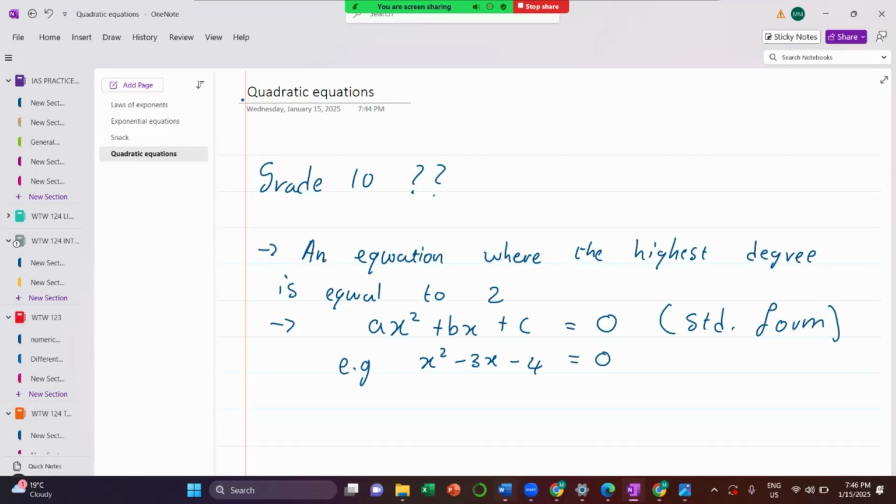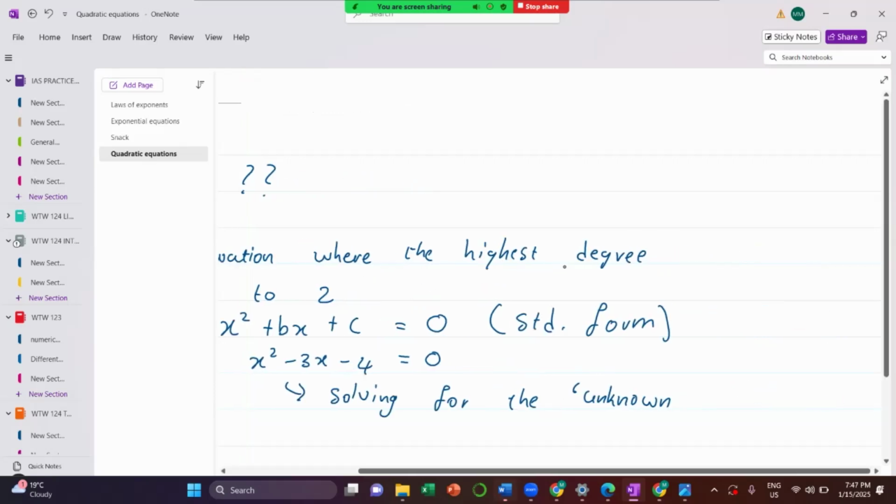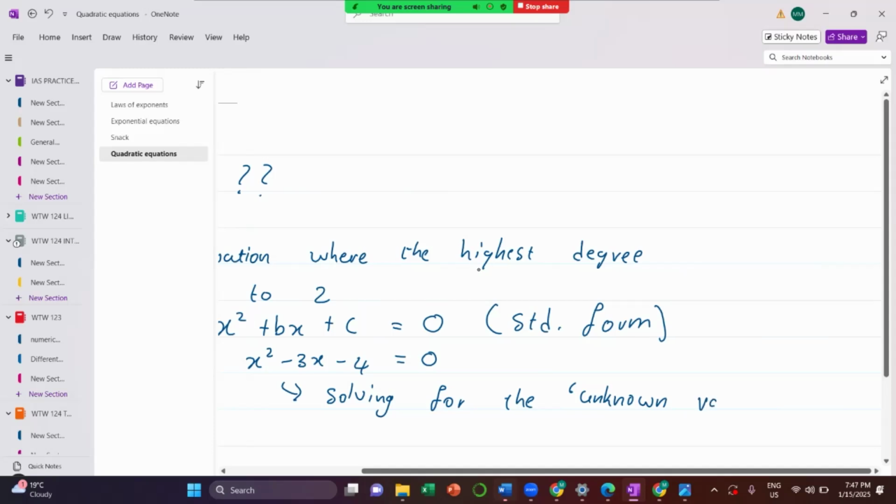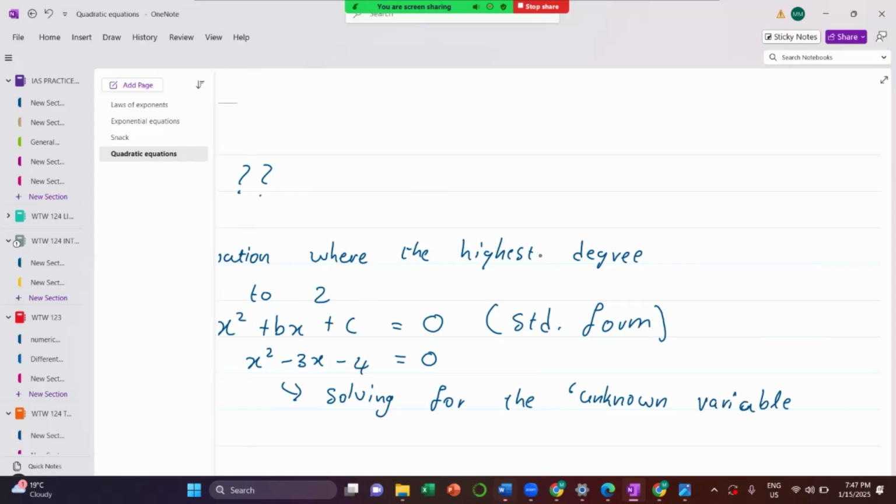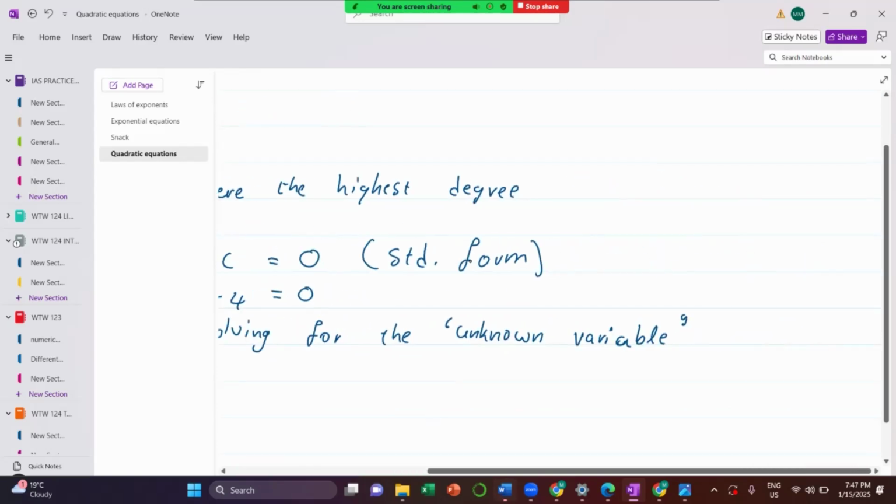And then whenever you have something like this, you know that you'll be solving for the unknown variable. So in this case, the unknown variable is what? The unknown variable x.